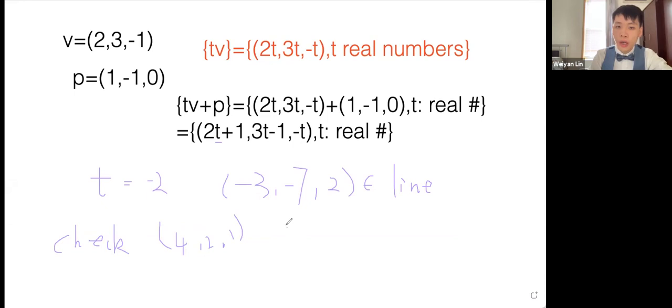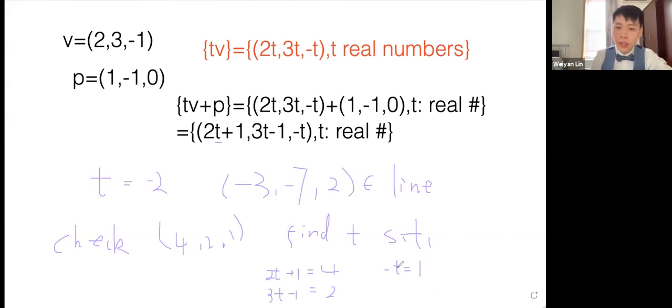So you want to find a t such that 2t plus 1 is equal to 4, 3t minus 1 is equal to 2, and then minus t is equal to 1. These three equations have to hold simultaneously. If you solve the third equation, you solve it right away: t is equal to 1.